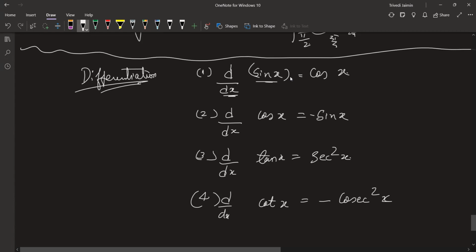Yes, sir. Very good. If you don't, then try to learn them. We need those formulas for conversion, because if it is some difficult differentiation, we have to convert it into a form whose formulas we know.